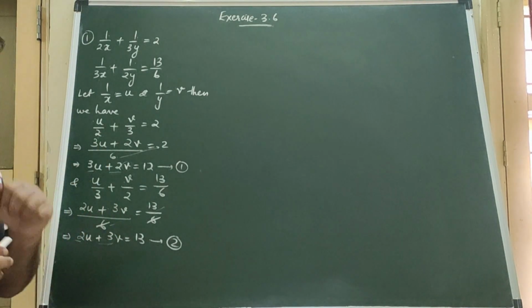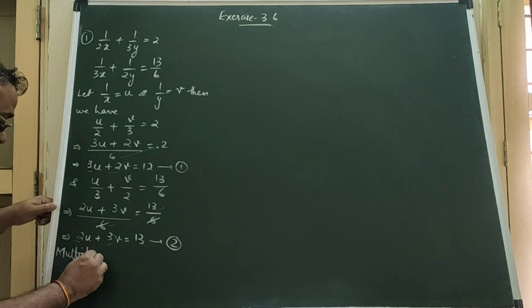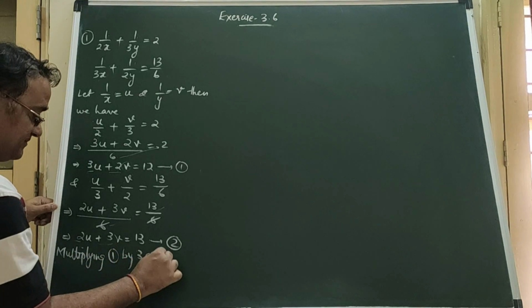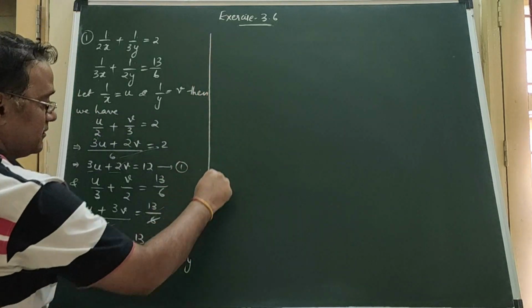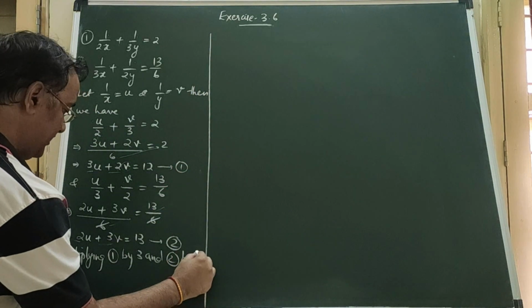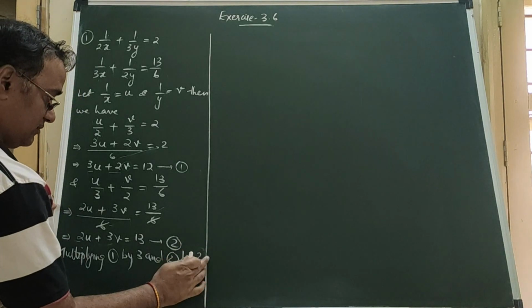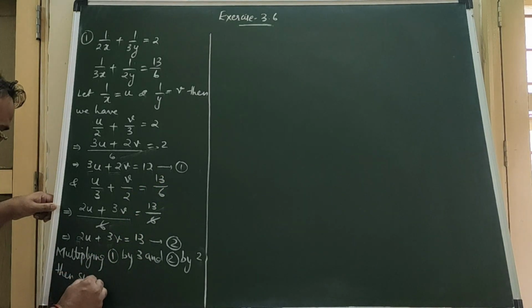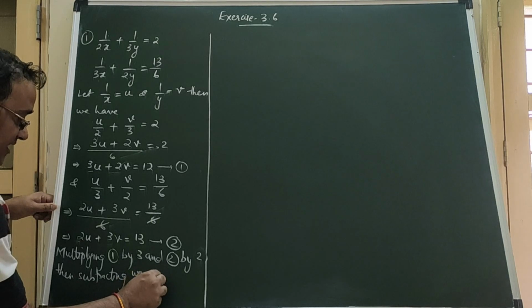So now the signs are the same for both equations, both variables. So we have to subtract. तो क्या लिखेंगे, एक लाइन पे लिखेंगे हम लोग, multiplying equation 1 by 3 and equation 2 by 2, then subtracting, we get.